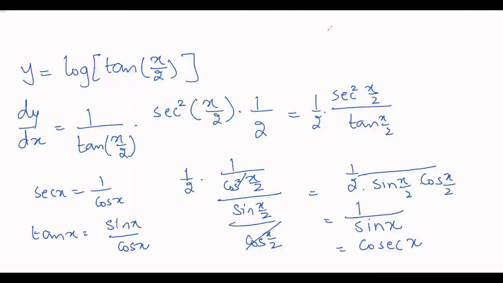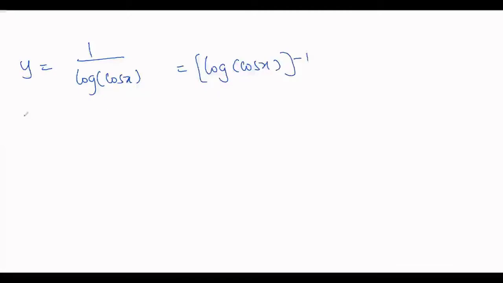Next question is y is equal to 1 by log of cos x. So I can rewrite this as log of cos x whole power -1. Okay. So dy by dx is equal to -1 log of cos x whole power -1, which is -2.